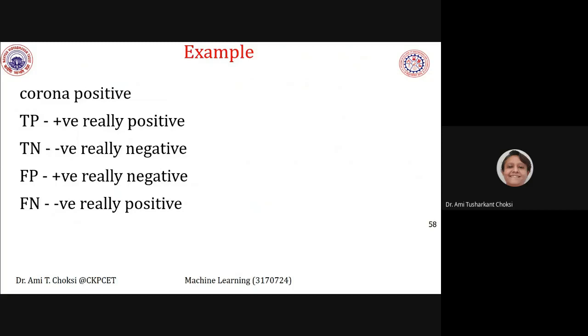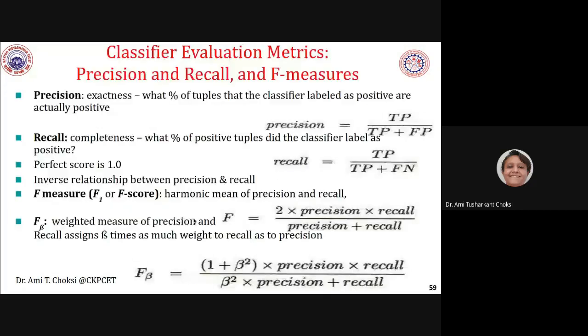TP is corona positive, really positive. FP is corona positive, but it is really negative, and FN is negative, but really positive, right?